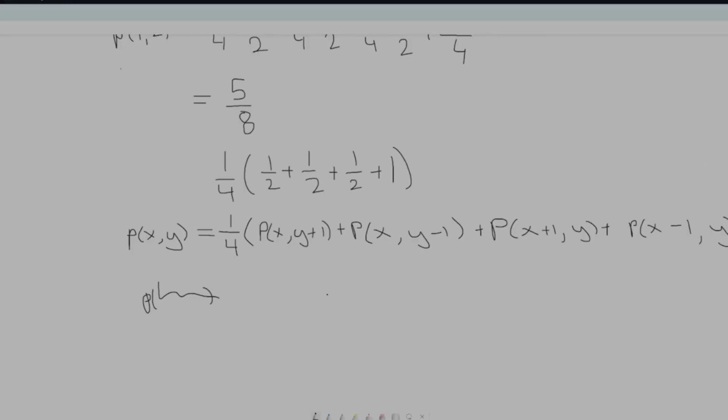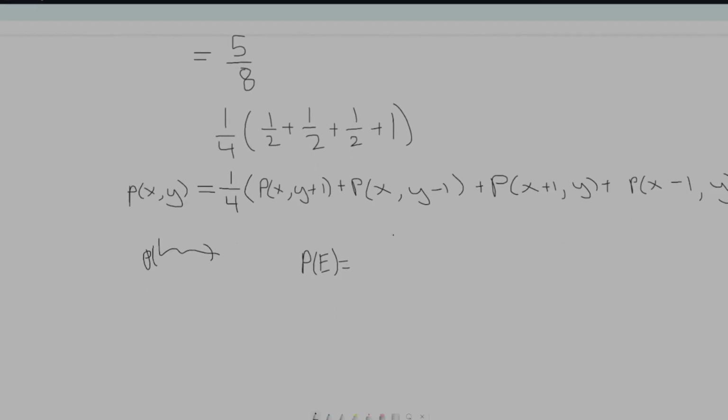Okay, so let's just say we have an event E, and for example, we'll say that the event E is you passing a test. So we have students who studied and we have students who didn't study.